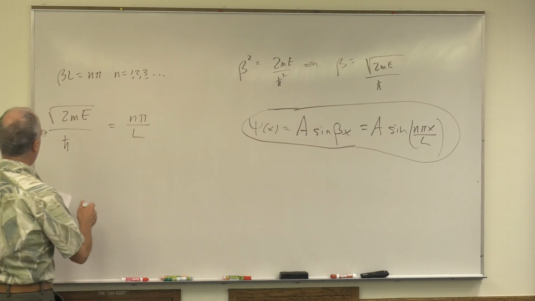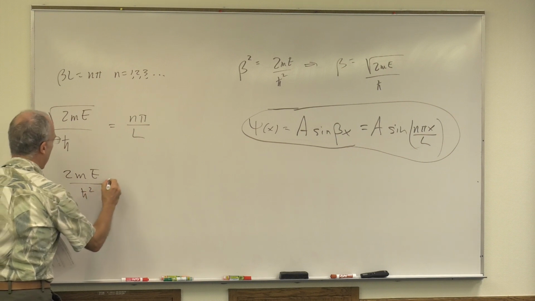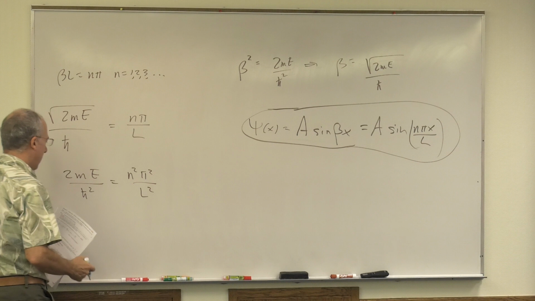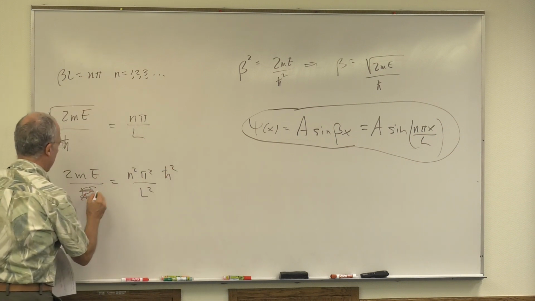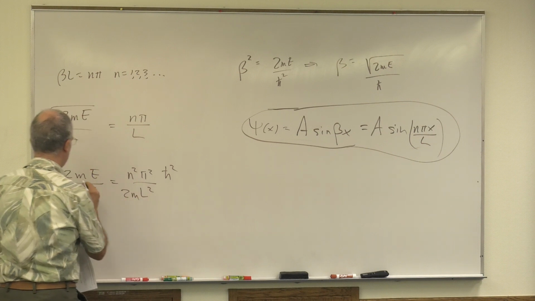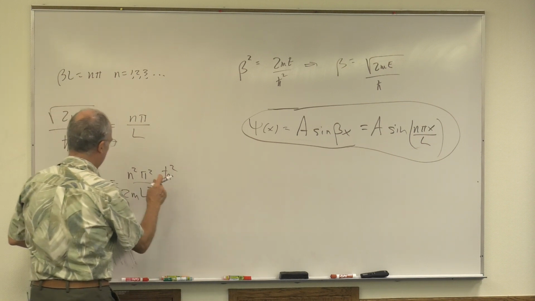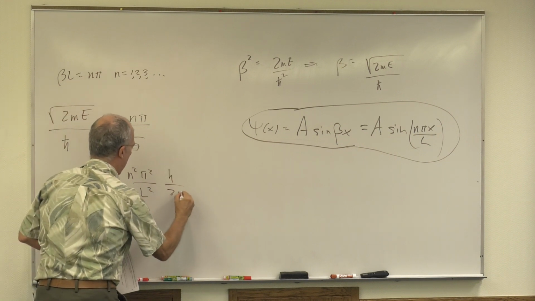So square both sides: 2me over h bar squared equals n squared pi squared over L squared. Then multiply both sides by h bar squared, divide by 2m. And h bar is h over 2 pi.